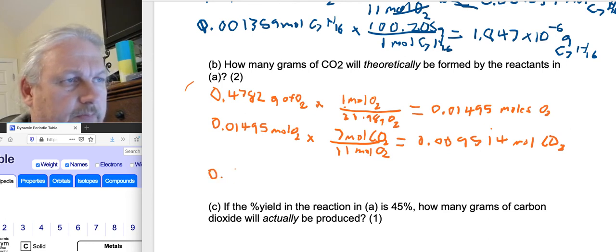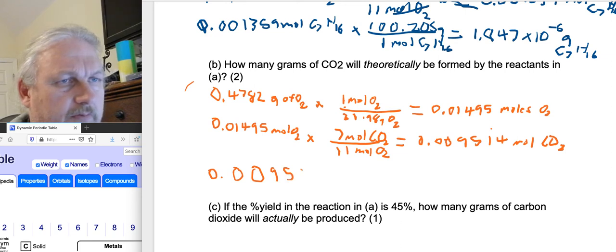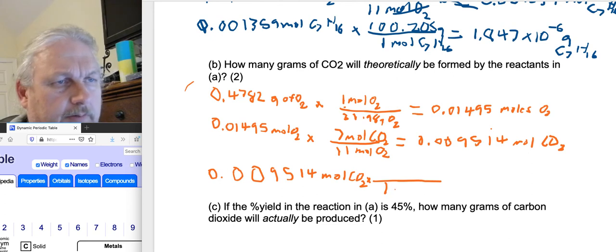So I've got 0.009514 mole CO2, and then we'll multiply that by the molecular mass, or the gram molecular weight, or the gram atomic weight, per 1 mole CO2. That should be about 44, but let's do it properly.